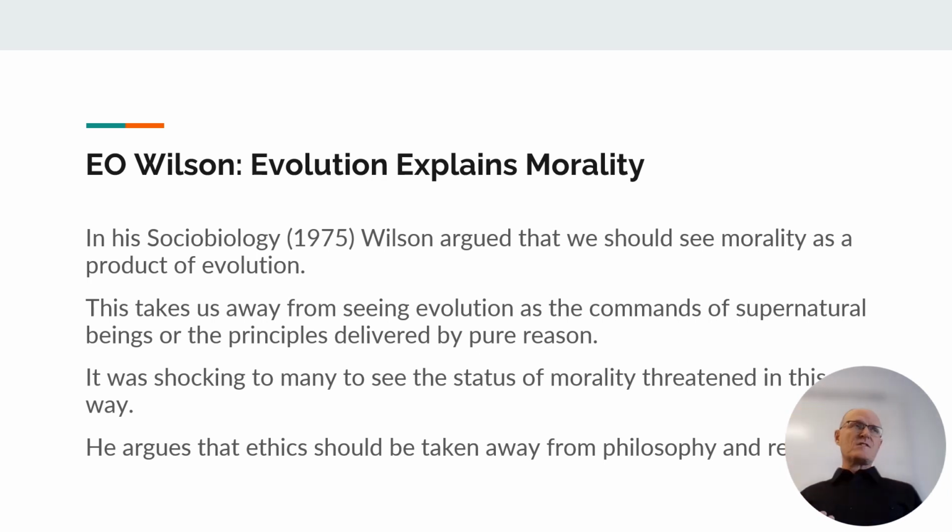So the idea is that human society does better when it has rules of cooperation. And we've seen previously the work of anthropologists saying that all human societies share basic rules of cooperation.